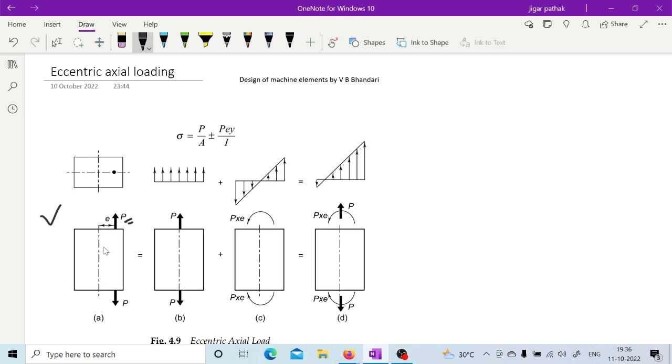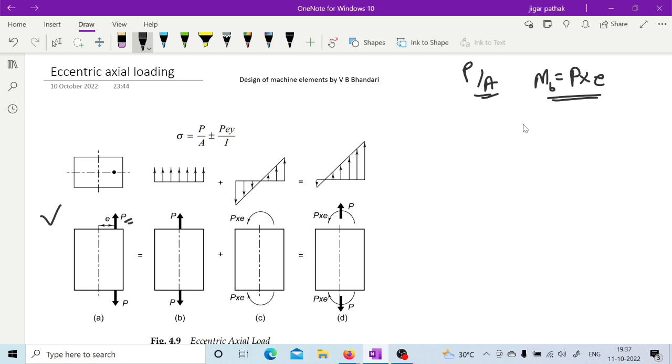So in this case, this particular external force is going to generate the stress P by A. That is true, right? But apart from this, it is also generating a moment, that is P into e.